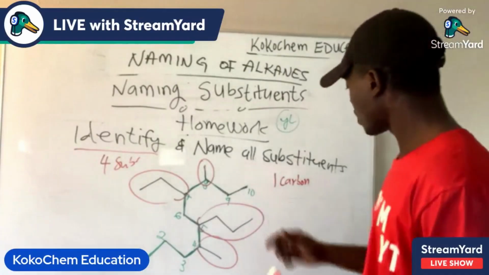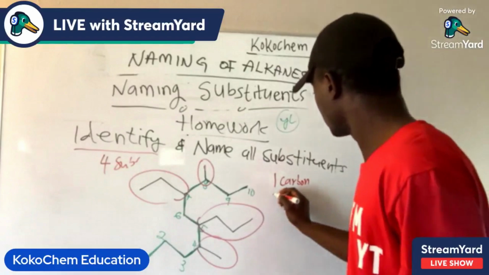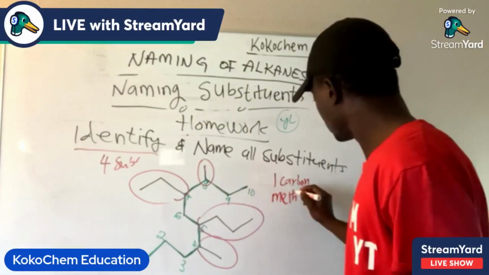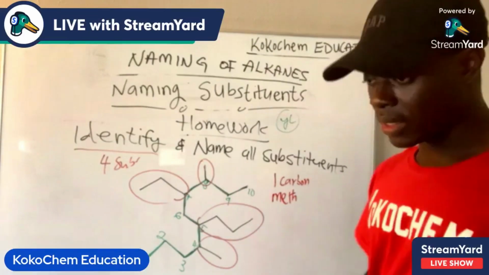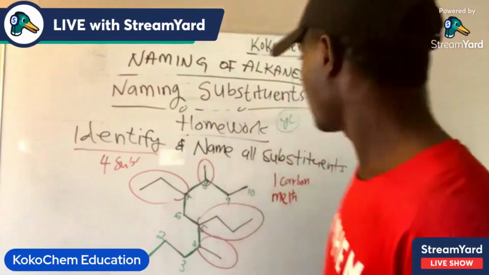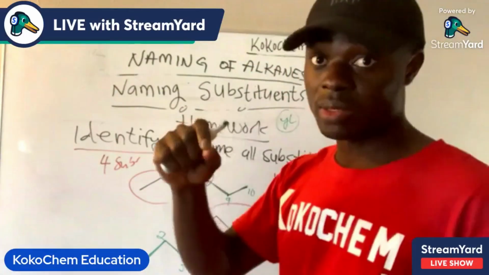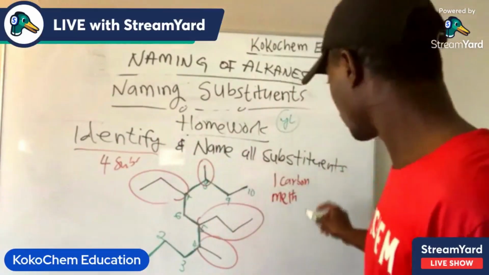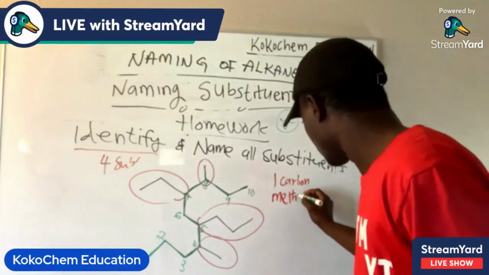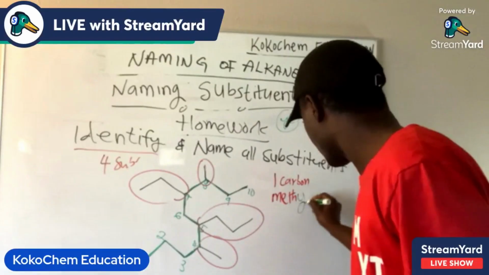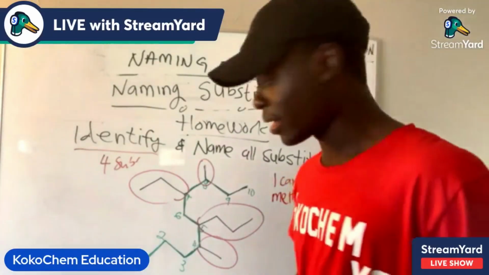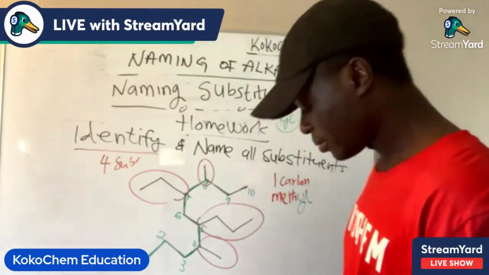So 1 carbon will be meth. Yesterday I told you, the key thing for substituent names: don't forget to add yl. So you just add yl to it. It's now methyl. That is for this one.